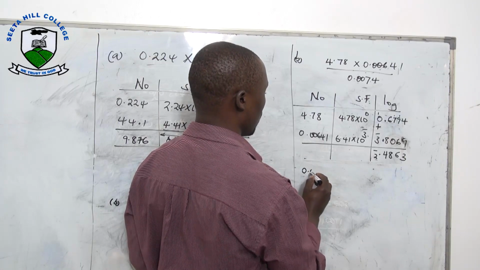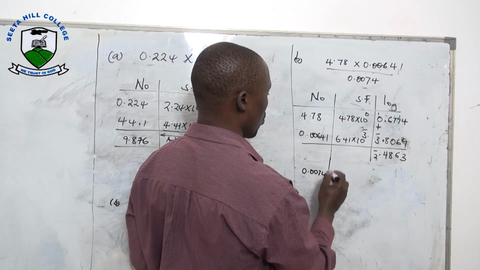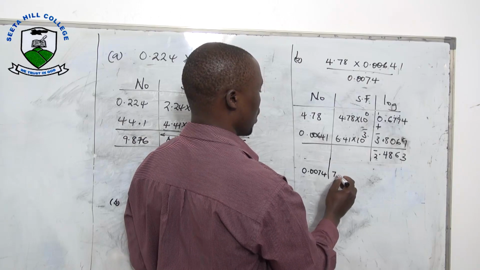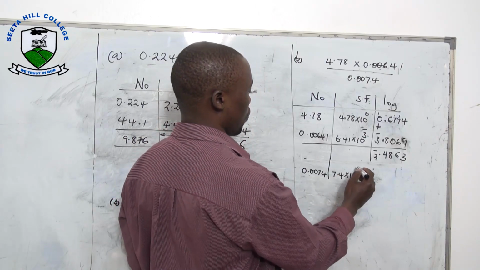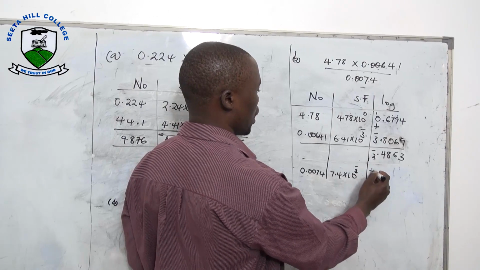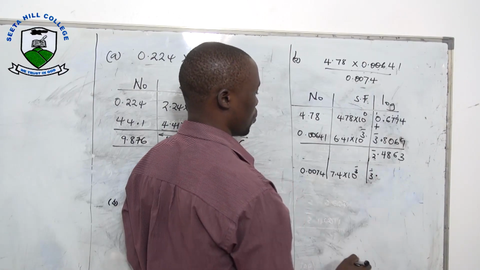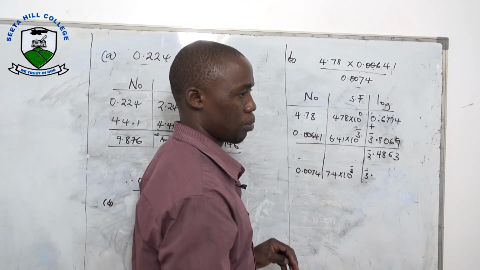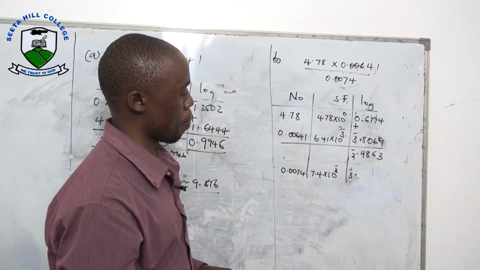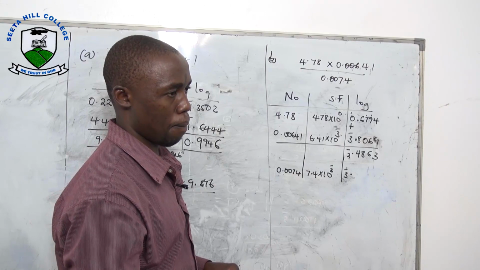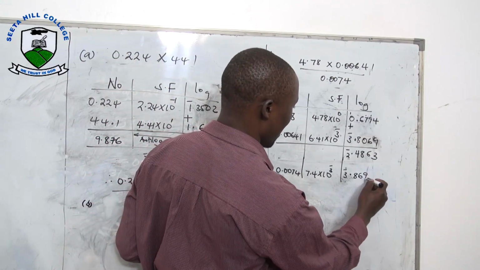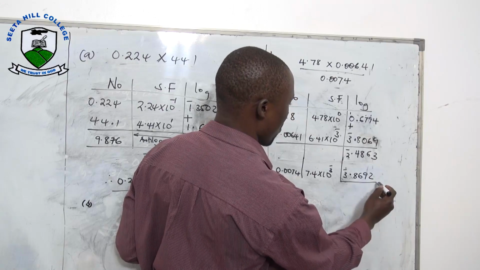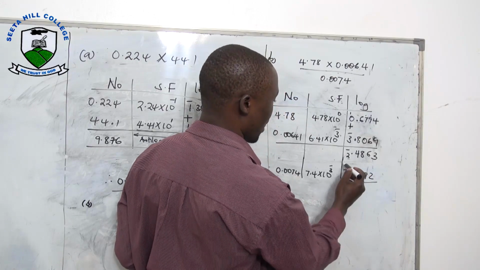That is 0.074. That is 7.4 times 10 to power what? Negative 3. So negative 3 point 8692.